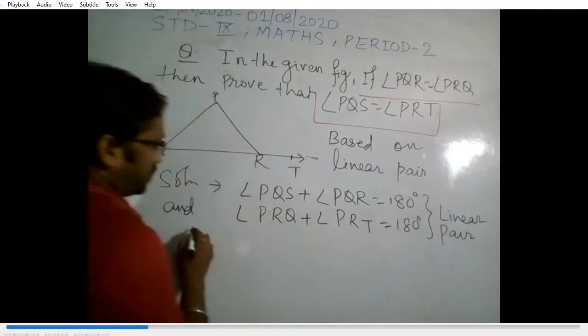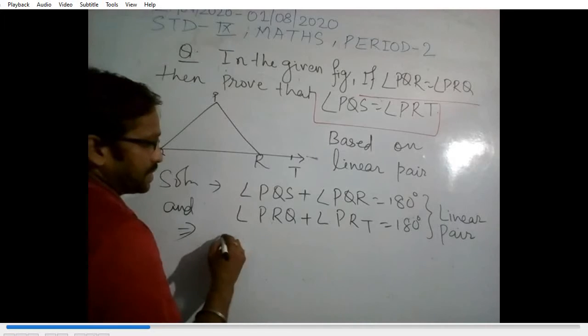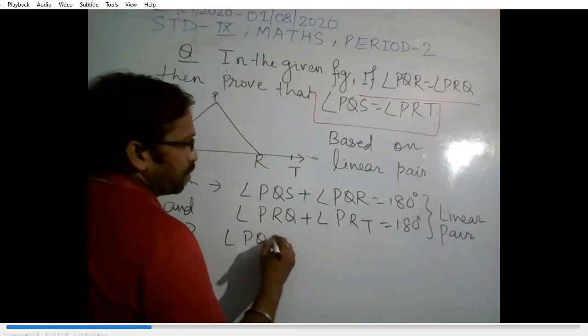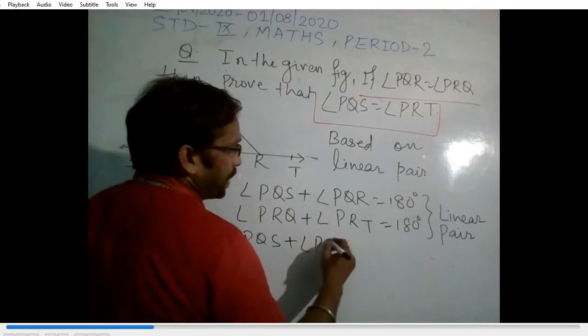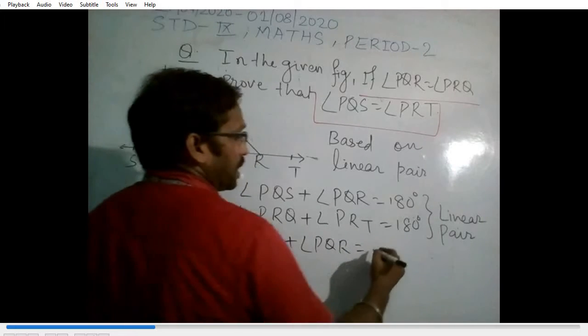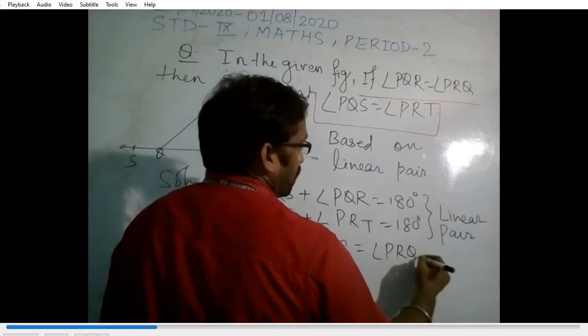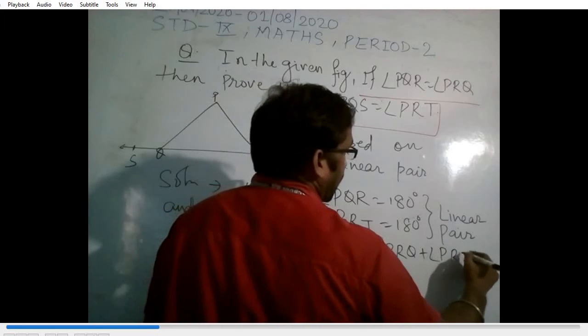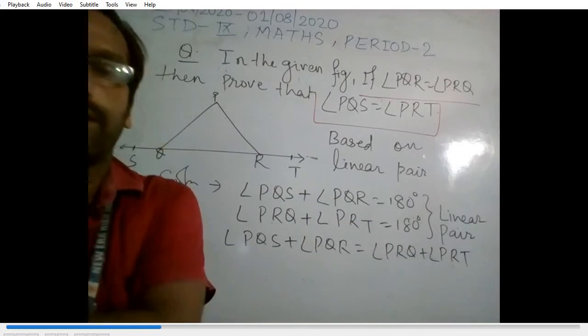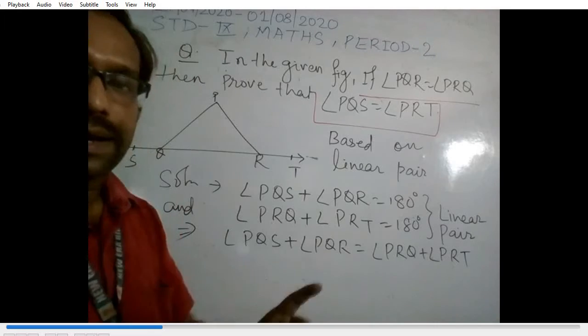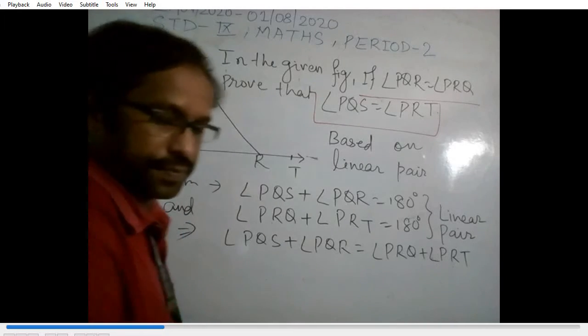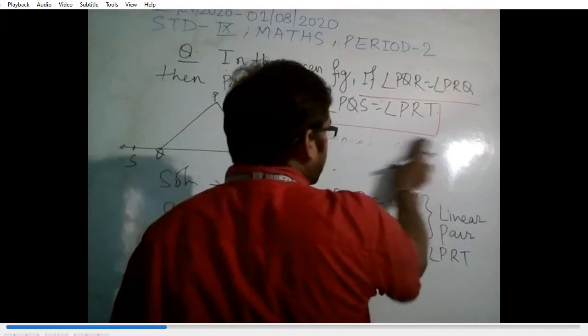Now simple calculation. After that we have to prove them equal. These two are equal because the sum is 180 degrees. So I can write that PQS plus PQR is equal to PRQ plus PRT. Why? Because the sum is equal to 180 degrees, and the biggest hint is given in the question that angle PQR is equal to PRQ. It is already given in the question.